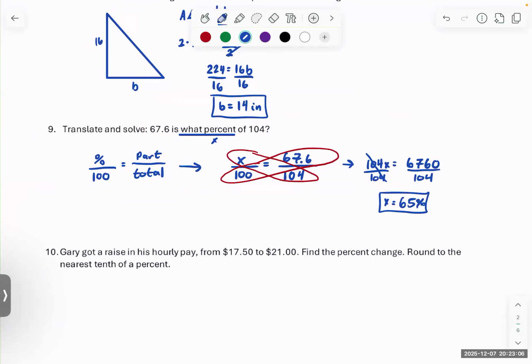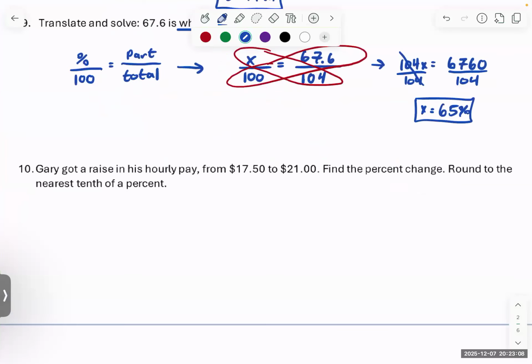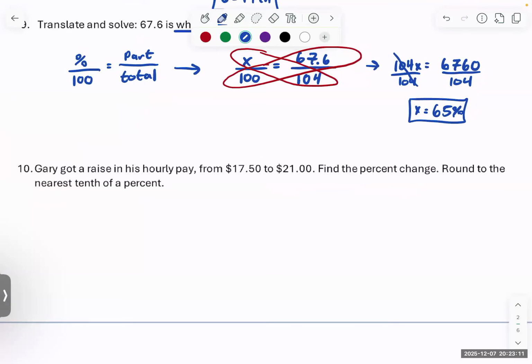Okay, now for the next one. Gary got a raise in his hourly pay from $17.50 to $21. Find the percent change, rounded to the nearest tenth of a percent. So all you really need to do here is compare $21 and set it over 17.5, and this is essentially how you find percent change. 21 divided by 17.5 is 1.2.